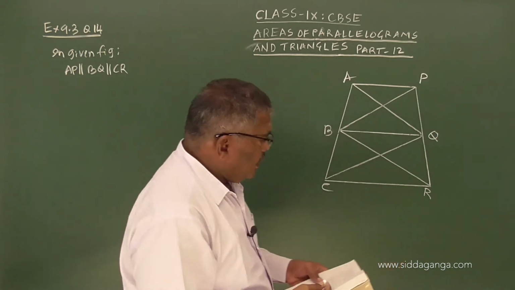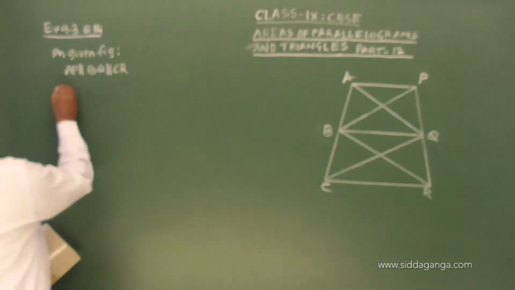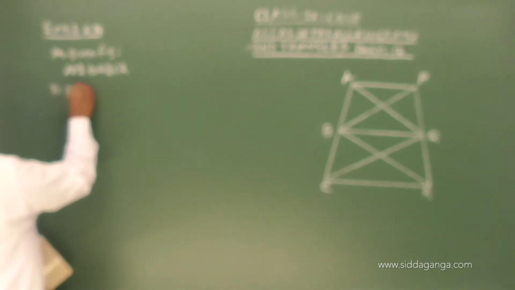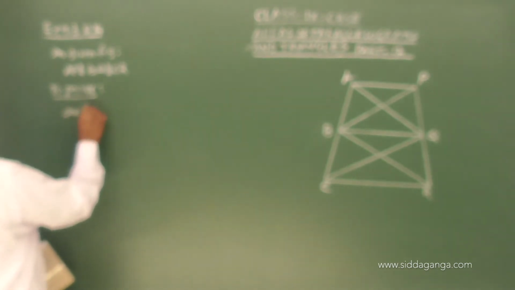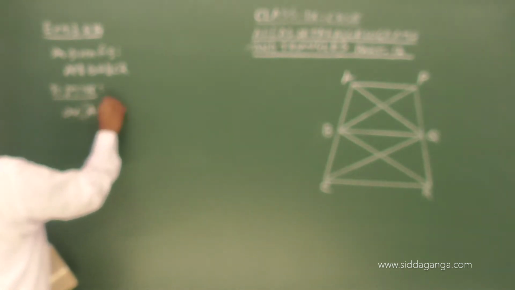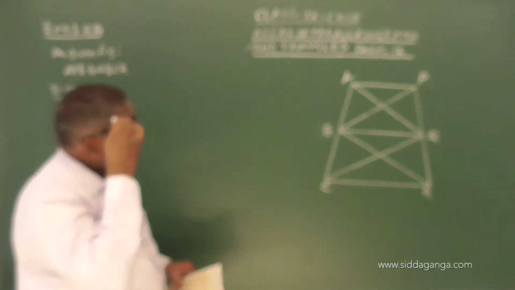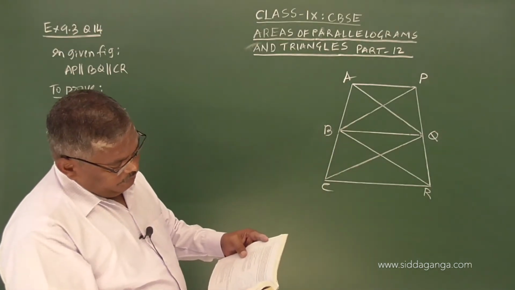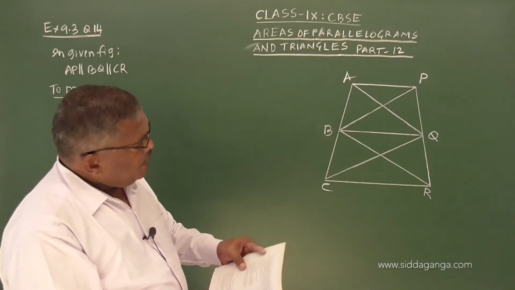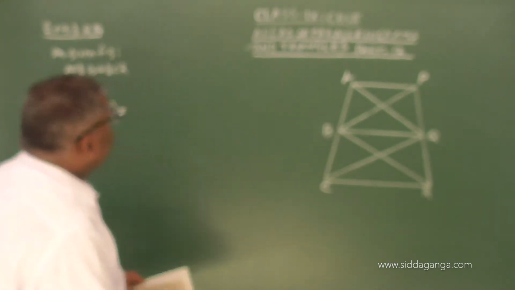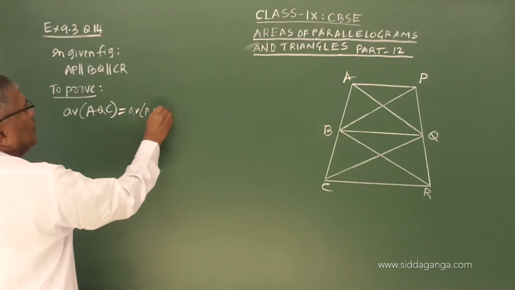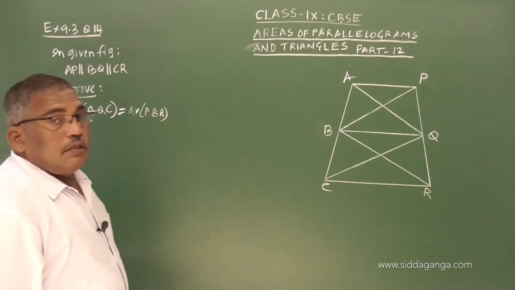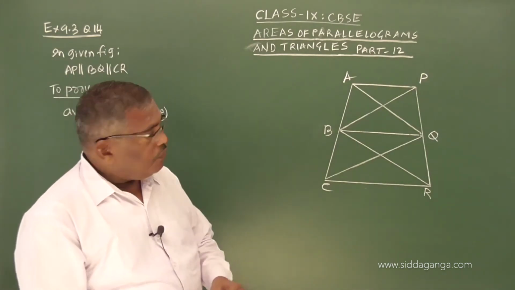Prove that area AQC is equal to area PBR. So this is what we have to prove.